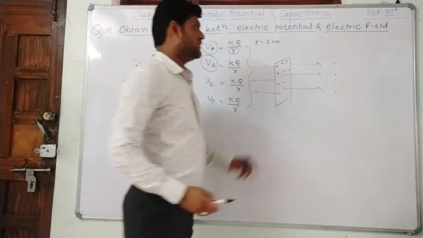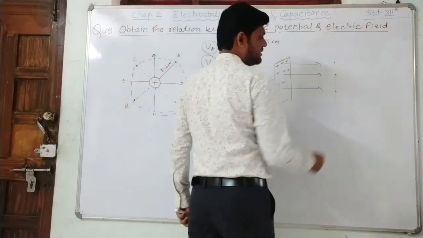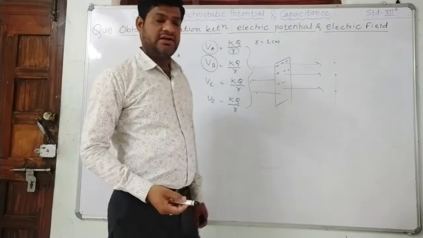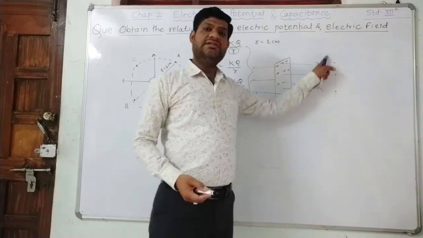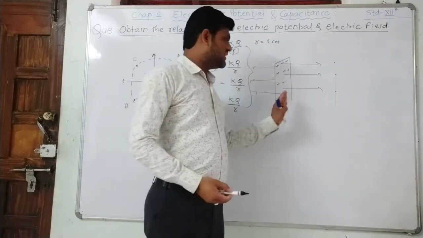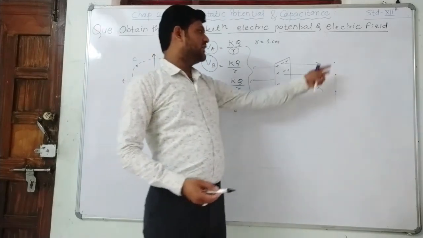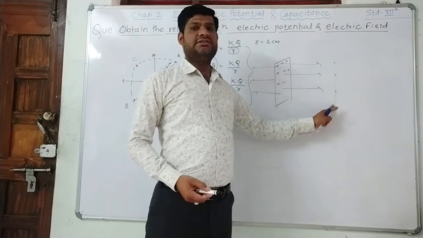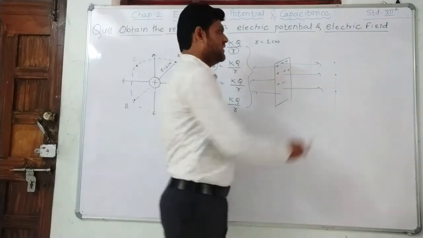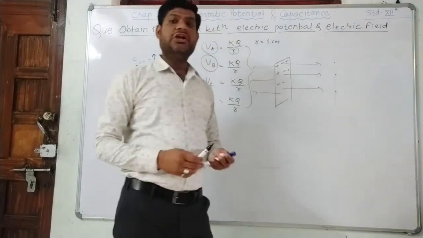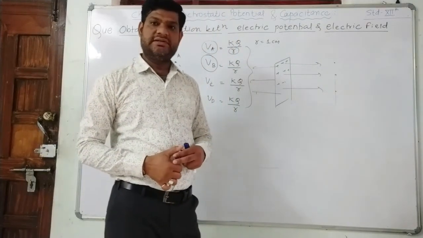So here we can draw another sheet, an imaginary surface. On that, all points have the same potential because they are at the same distance from the plane sheet. So that's why we can see that it is an equipotential surface.